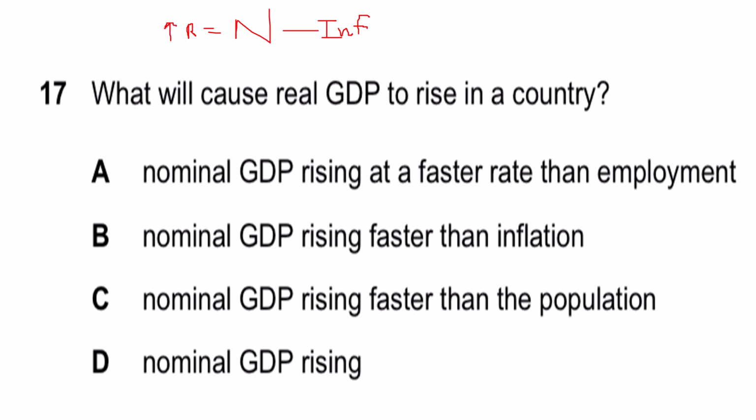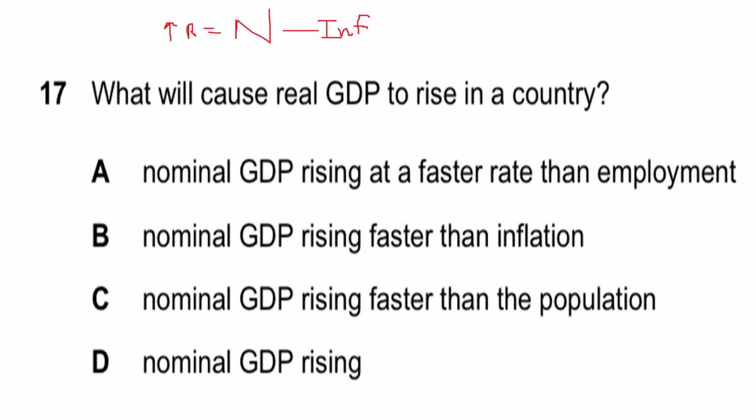So when it is going to rise, if nominal is rising, it says that nominal is rising faster than the inflation. If both are rising, might be real GDP will not increase. It will only increase if nominal is increasing more than the inflation increase, right?